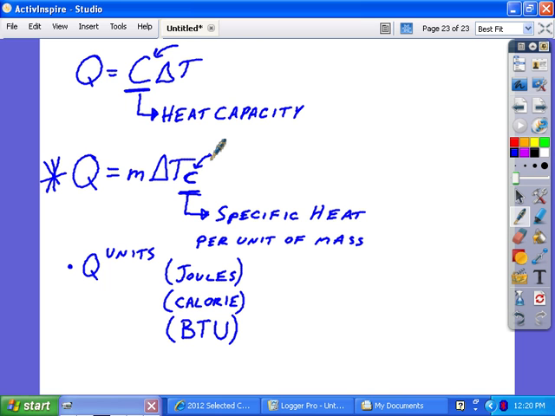Okay? Now, this is basically telling you how much heat. Here, I'm going to kind of put this in a different color to denote it separately.